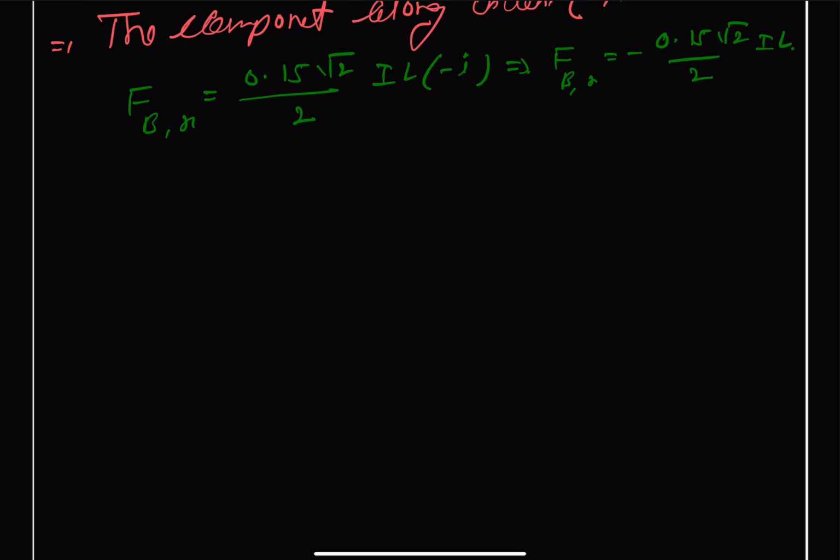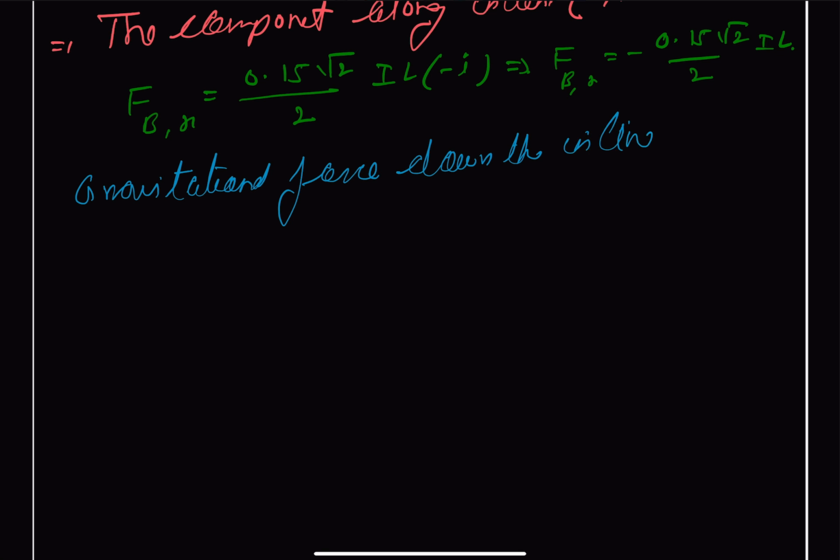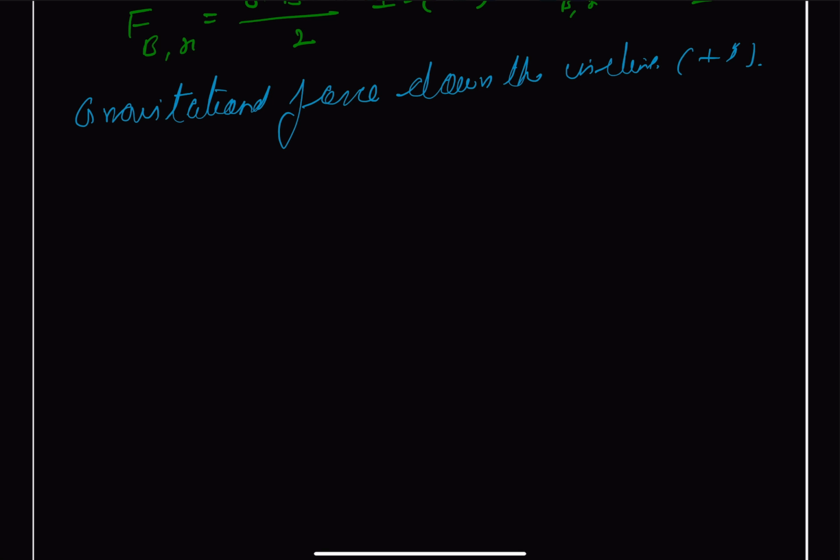So let me write it: the gravitational force which is down the inclined plane, so the parallel component of Fg is 2.25 square root of 2 times L, and at equilibrium their summation will be equal to 0.